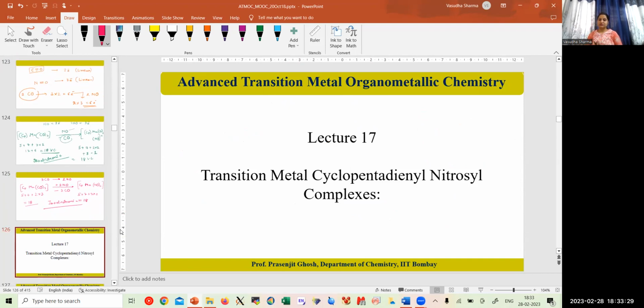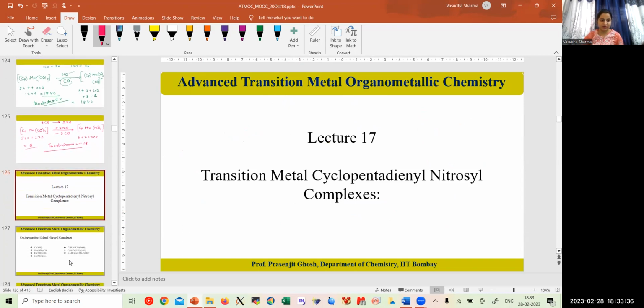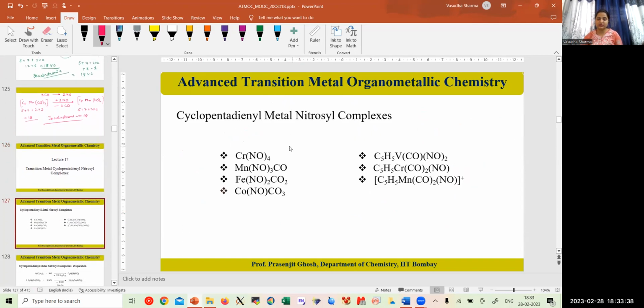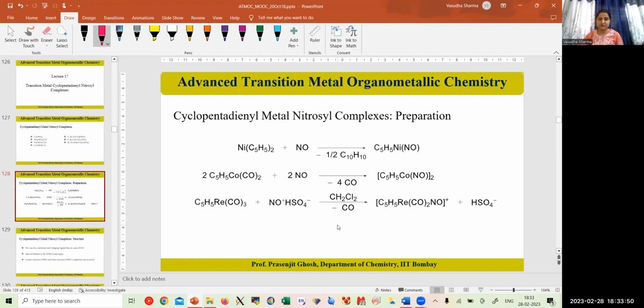Now, in the next lecture, in the 17th lecture and further, we saw how these complexes look. For example, we have certain cyclopentadienyl metal nitrosyl complexes having a combination of carbon monoxide and simple nitrosyl as well. So these are certain examples.